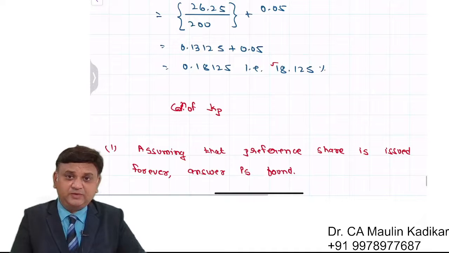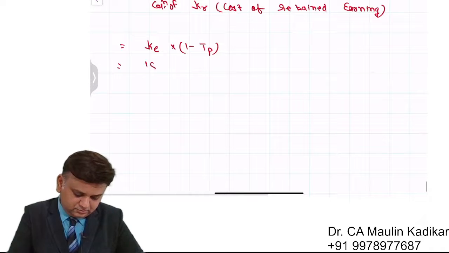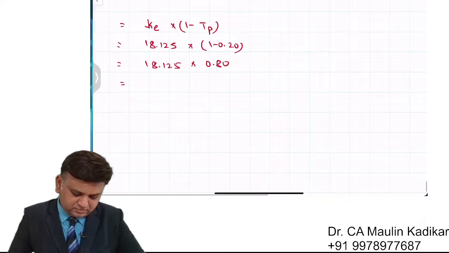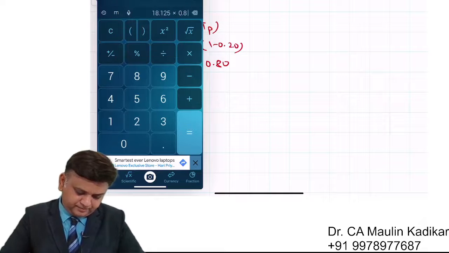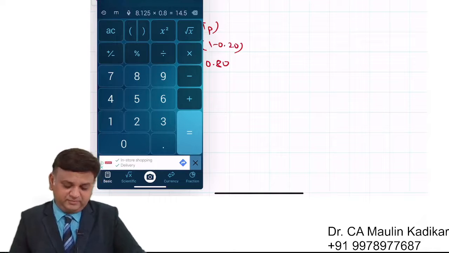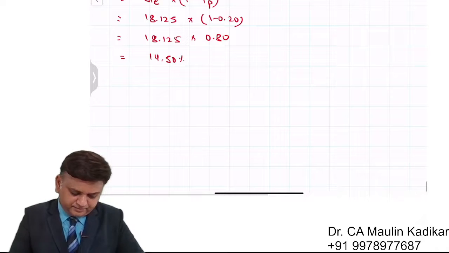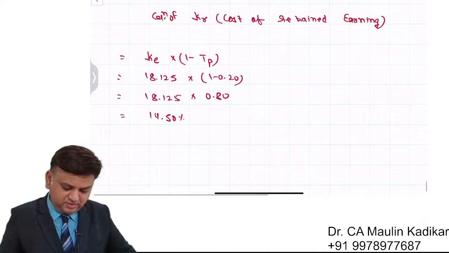It is 18.125 into 1 minus 0.20. So it is 18.125 into 0.80. That comes to 14.5. That is the way the cost of retained earning is calculated.